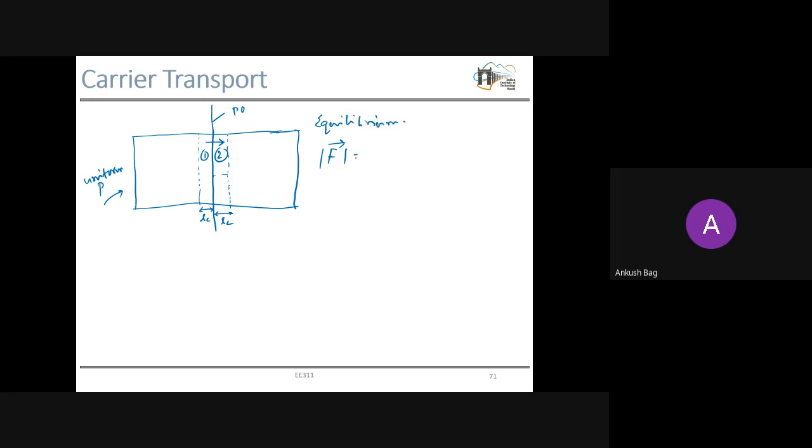your flux from left to right, or from 1 to 2, is as follows. It is a p-type semiconductor, uniformly doped, so p carriers per centimeter cube; p is the doping density.